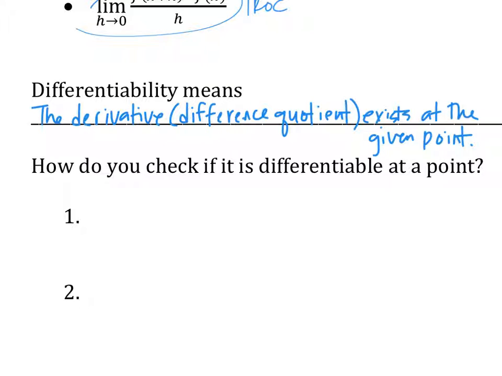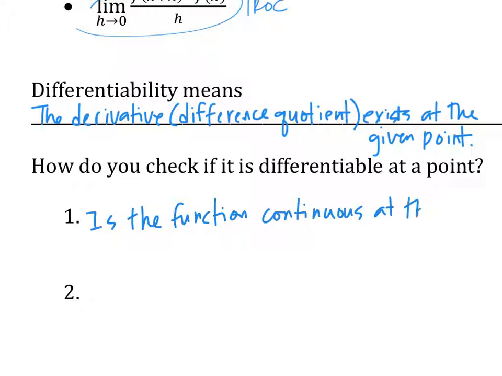So you want to ask yourself, is the function continuous at that point? If it's not continuous, definitely no derivative, no questions asked. It's not possible. Next, if it is continuous, then it becomes a little bit tricky.